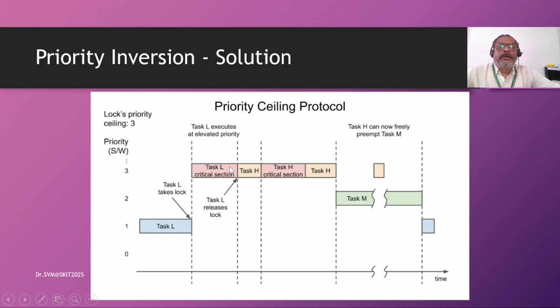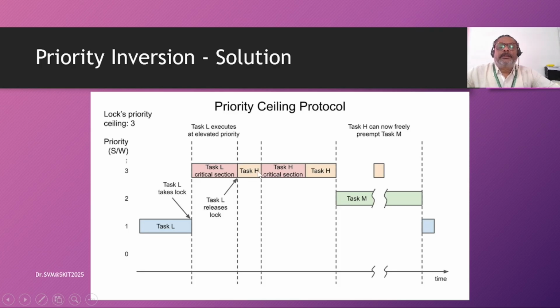Meanwhile, while the critical section of task L is being executed, the task H may come up, but because these two have the same priority, task H will not be given a chance by preempting it, and hence task L will continue till the completion of its critical section. The moment task L's critical section is over, task L's priority is reduced down to 1. Therefore no more part of task L continues.